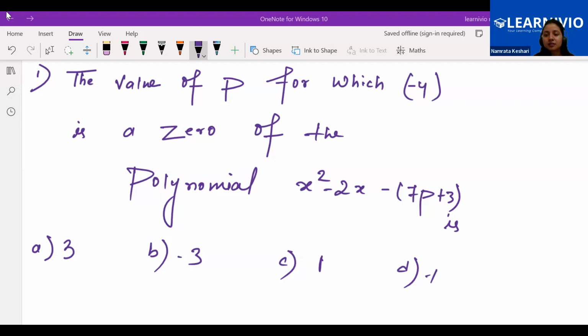Polynomials we were discussing. So the relationship between zeros and coefficients of the polynomial, that's what we have covered so far, Zunaid, right?